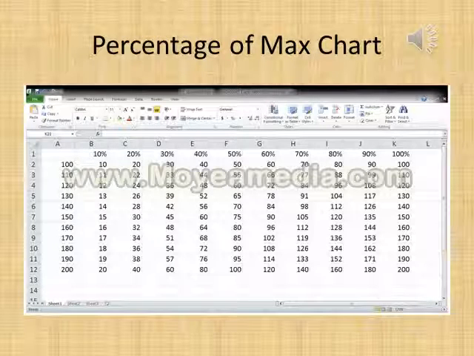They would simply go to row 10 on the chart, 180 pounds, move to the right until they get to column H, 70%, and see that 126 pounds is 70% of their max on bench press. This example could be easily translated to any max weight and any percentage number that they might need to complete the daily.